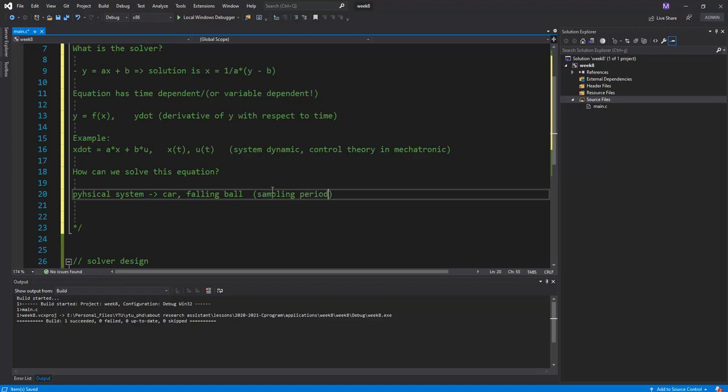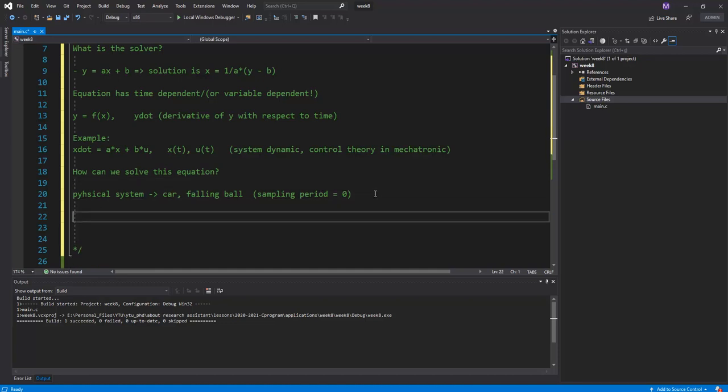In real life, the sampling period is equal to 0, or goes to 0, which comes from the limit theorem, okay? But in mechatronic engineering, or in solving this equation, we require some machines or computers in order to create this.